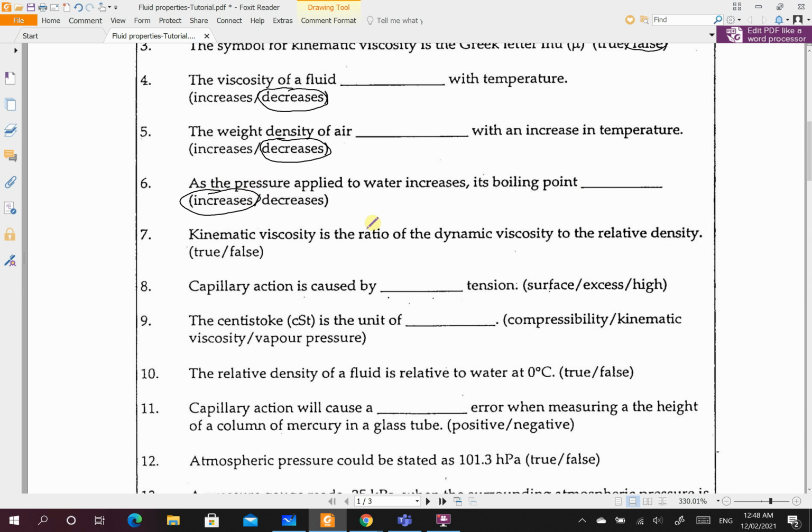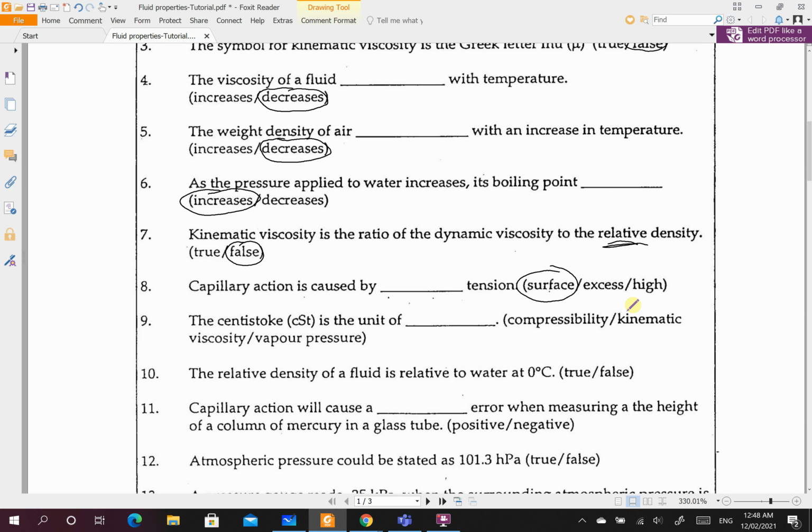So the kinematic viscosity is the ratio of dynamic viscosity to the relative density. Alright, this is false. This here is the mass density. Capillary action is caused by surface excess or high tension. Alright, it is caused by surface tension. The centistoke is the unit of compressibility, kinematic viscosity, or vapor pressure.